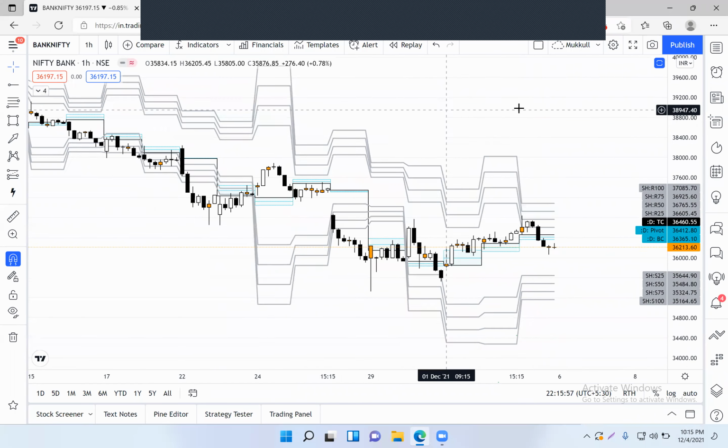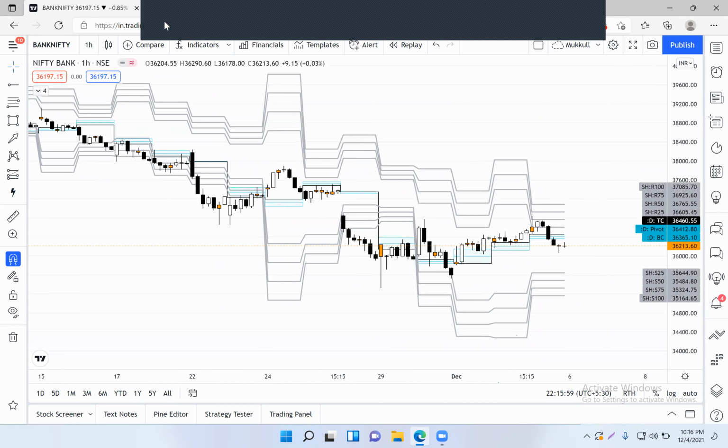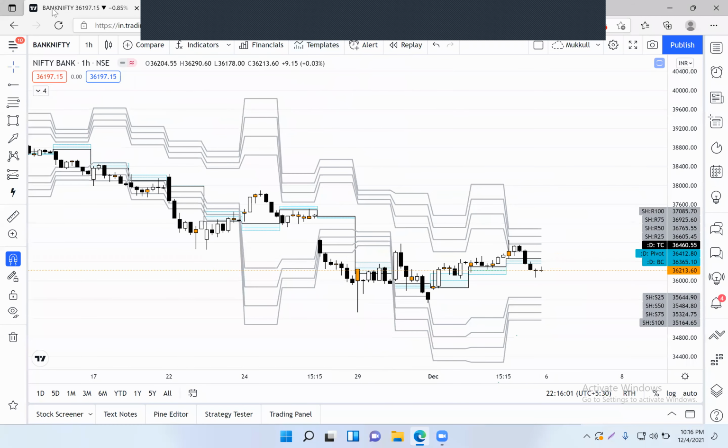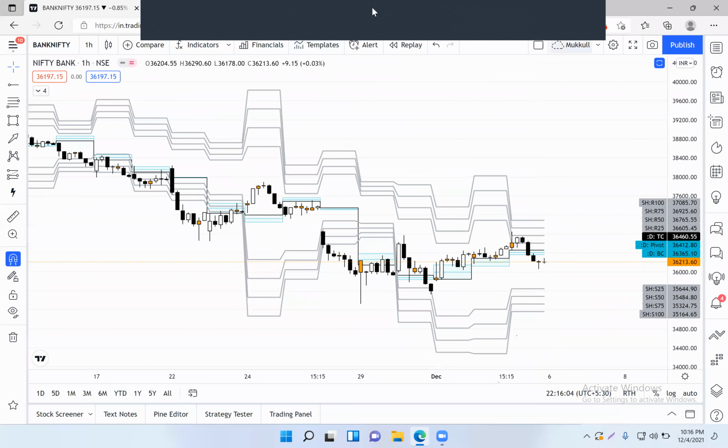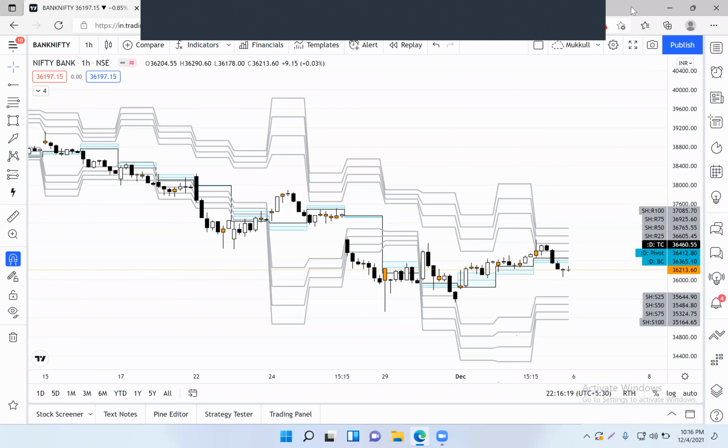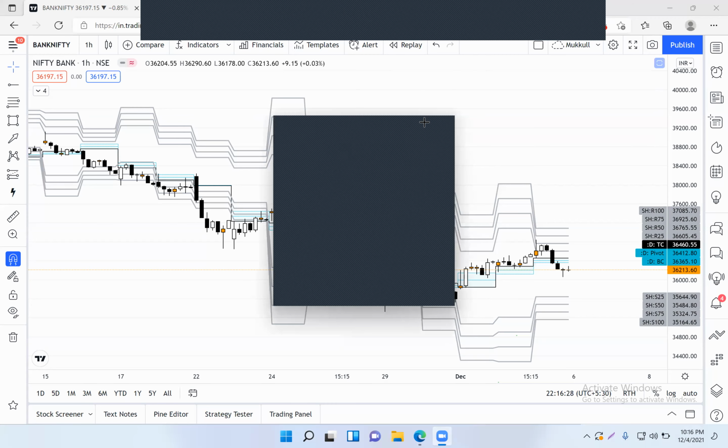Now I will show you some kind of sheet. So this is my Excel sheet. This is the Excel sheet.